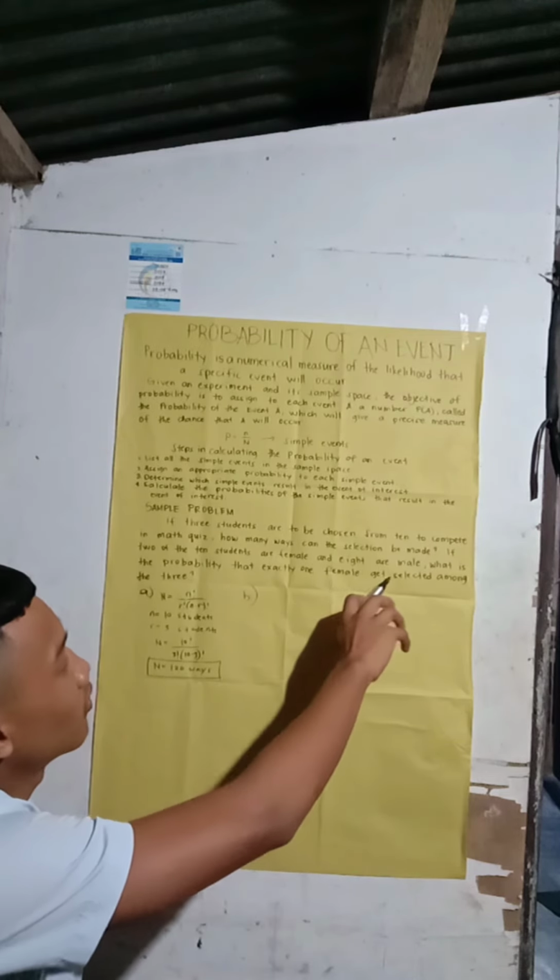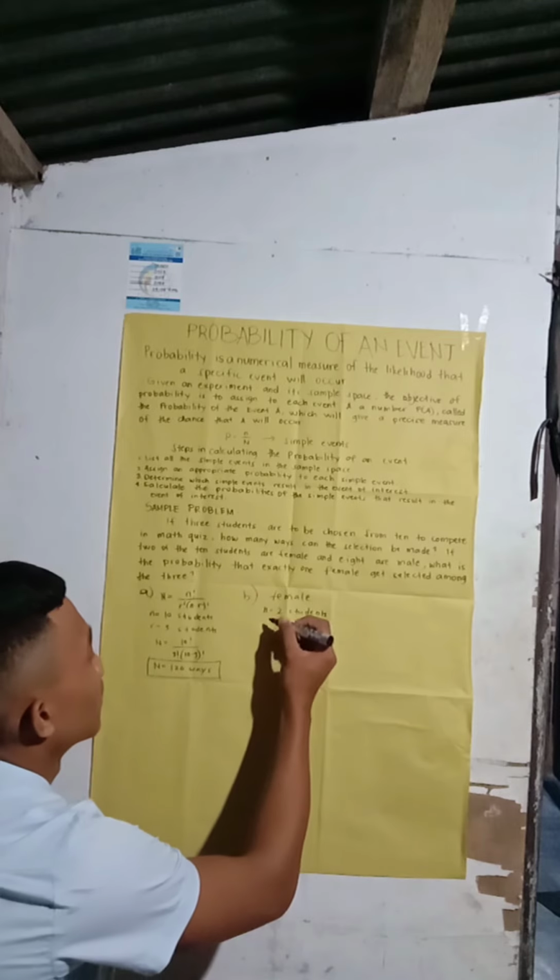We have the condition here that in 10 students, we have 2 female and 8 male. So we will compute separately for female and male the number of ways to be selected, since the condition is exactly 1 female. Therefore, in 3 students, 1 is female, so we have 2 male among the 3 students being selected.